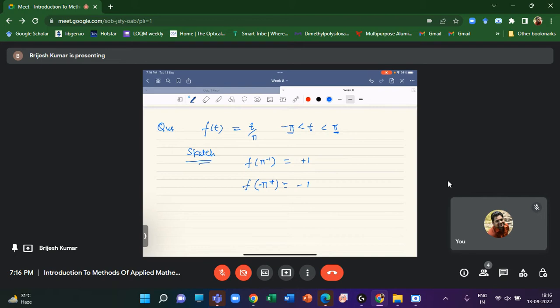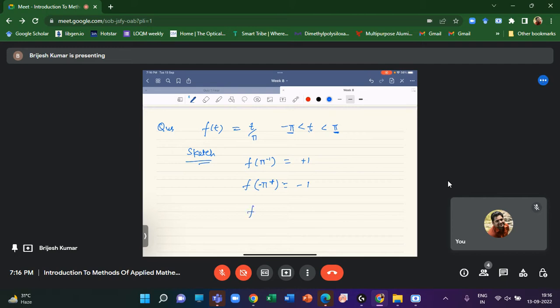At pi it is discontinuous, because t is always greater than minus pi and less than pi, not equal to. Okay.